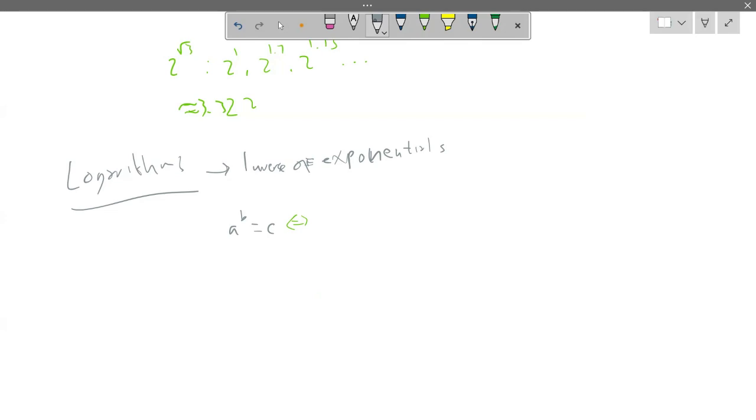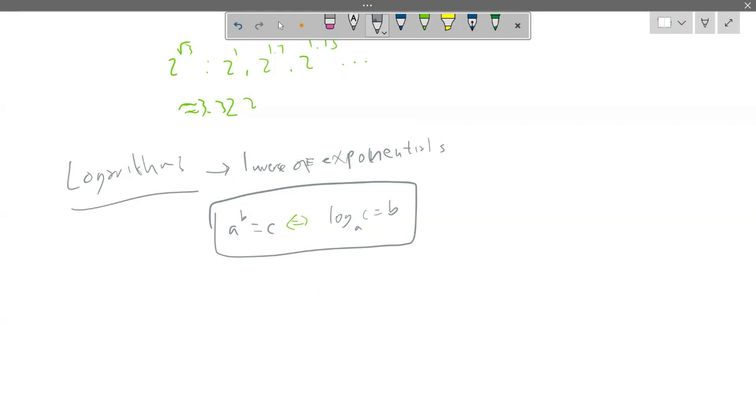This is equivalent to log of c base a is equal to b. So logarithms are defined like this. We need to start from exponentials, and then we can define the corresponding form in logarithms.